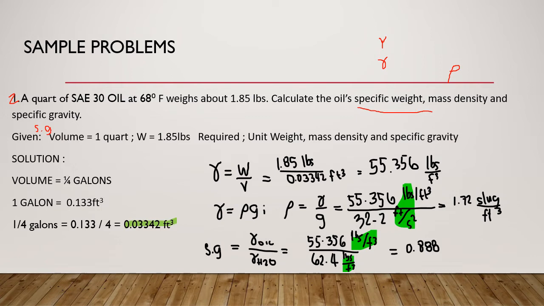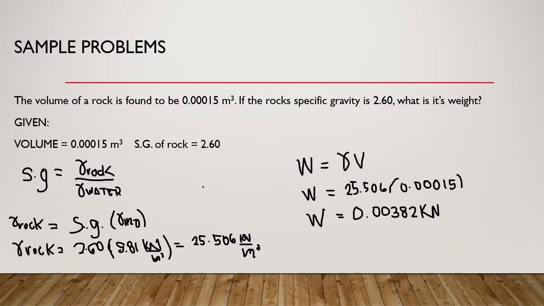Ano? Next, number 3, the volume of rock is found to be 0.00015 cubic meter. If the rock's specific gravity is 2.6, what is its weight? Okay, so we are given the volume. Given tayo ng volume, which is 0.0015 cubic meter.